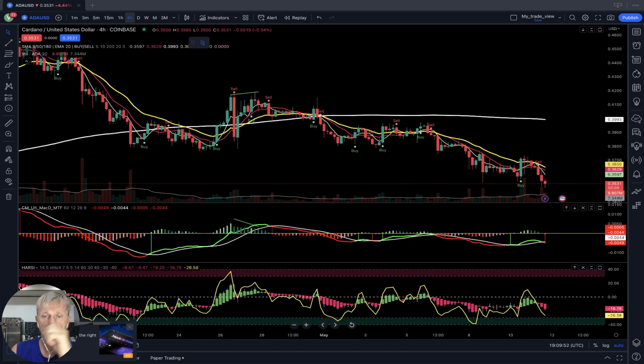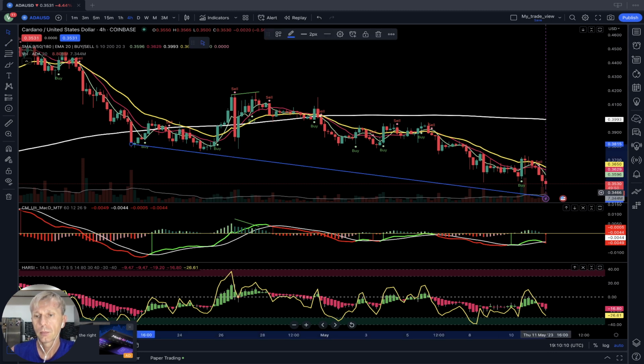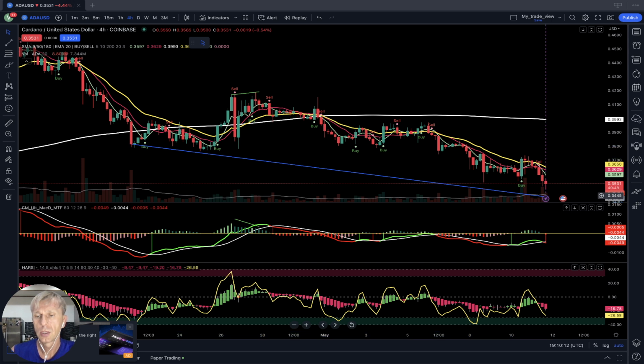Cardano still bearish trend, all moving averages below 200, bearish trend, MACD bearish, RSI all below zero line, it's a bearish territory. And on 4 hours time frame, it has bullish divergence. Look at it, the price action is downtrend, right? Price action is downtrend.